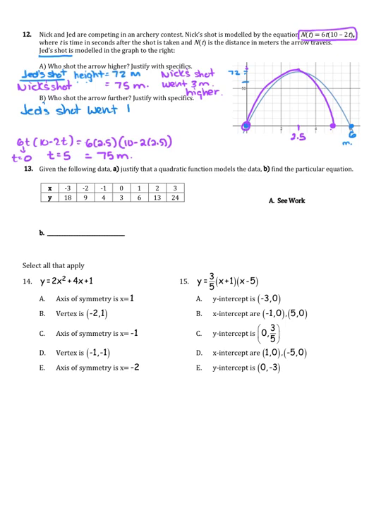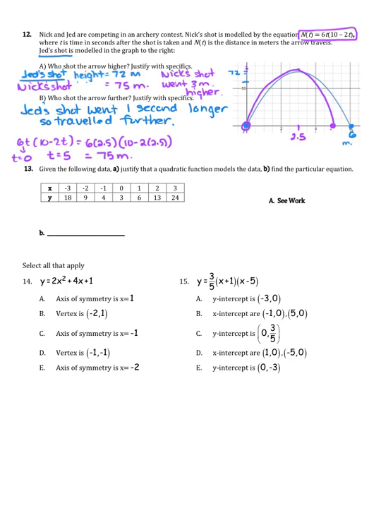Jed's shot went 1 second longer, because x actually is in time in seconds. So if he went 1 second longer, his shot is going to travel further. Okay.